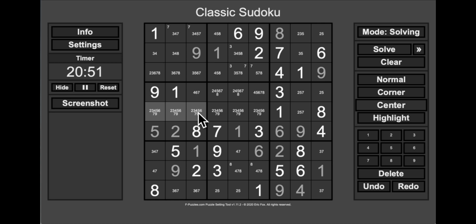None of these are 2 or 5 or 9. 3, 4, 6, 7, and any of these are still possible. And this one, it's sort of 3, 7, and 9.